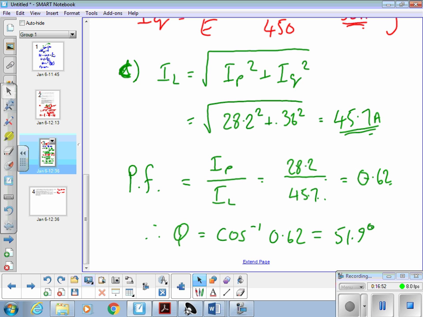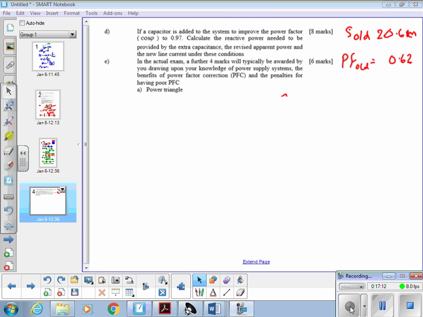Okay? So up until there, no particularly difficult maths to get a grip with. We're dealing with the old situation, the pre-power factor correction situation up to that point. A little bit more tricky, and it's testing a little bit more your understanding in depth, because we're now talking about if we're going to add a capacitor or capacitors to the system to improve the power factor so that we get a cos theta of 0.97.